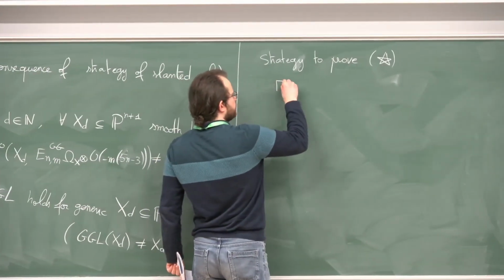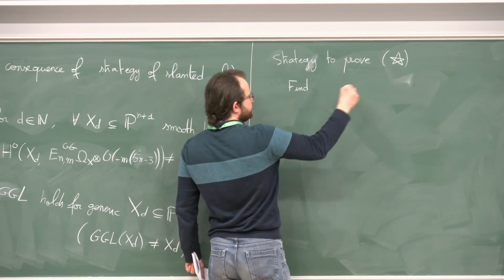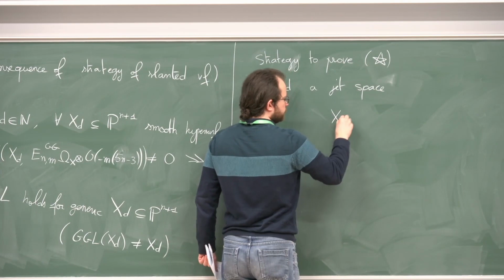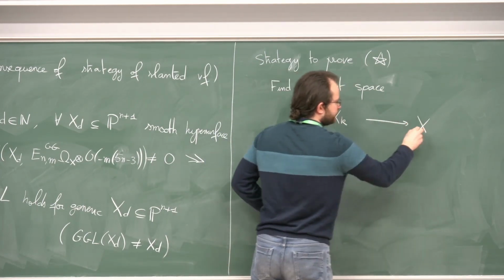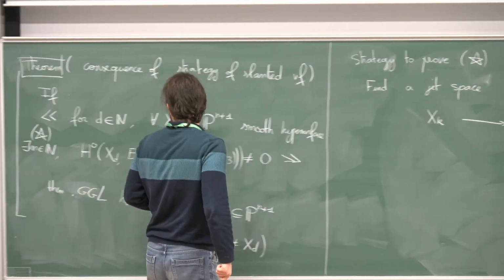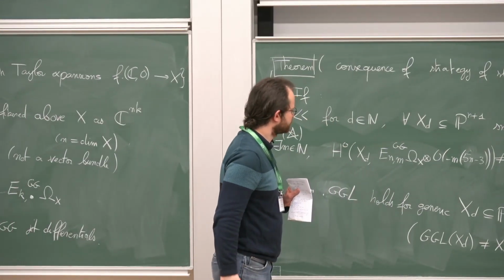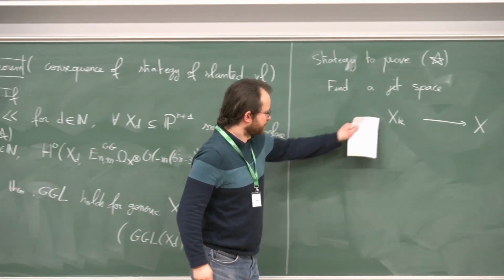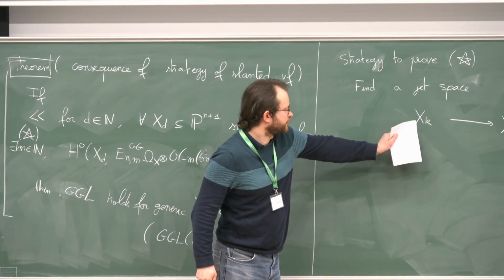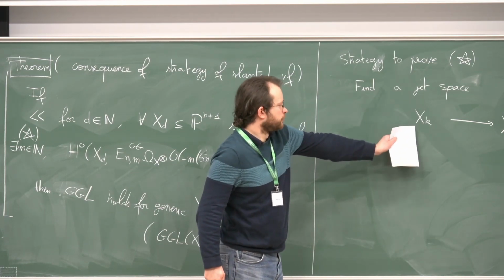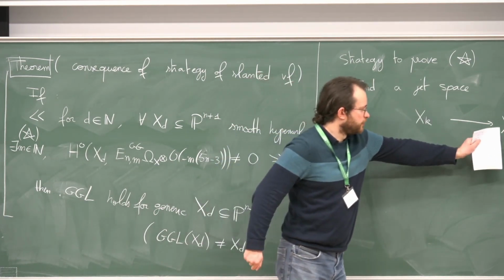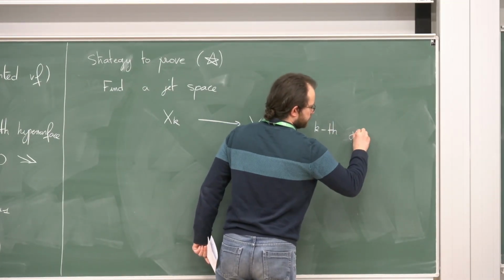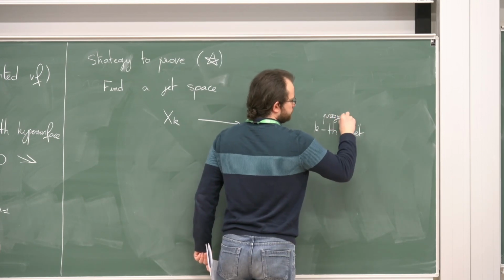So I'm going to say, find the jet space, a projective variety, which I'm going to call, maybe there is a small conflict of notation here. Okay, so bear with me for a second. This does not denote a hypersurface of degree k, but it denotes what I will call a kth jet space above X. Kth jet space, I'm going to say projective.